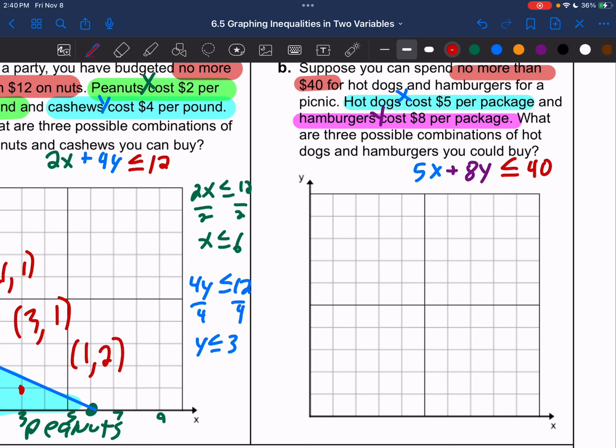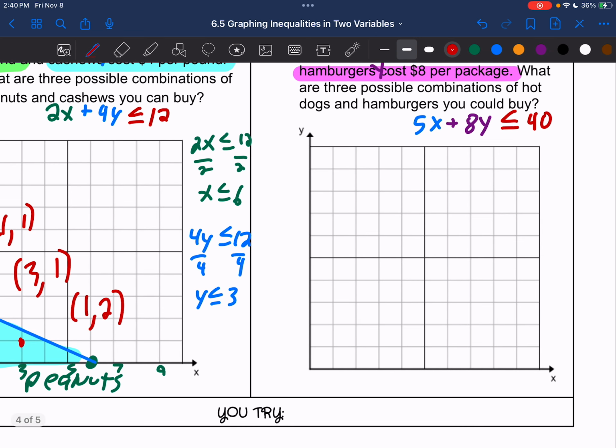So we're going to go ahead and solve this. Our x-axis is going to be hot dogs, and we're going to go by ones again. 1, 3, 5, 7, 9. Our y-axis is going to be burgers. And again, we're going to do 1, 3, 5, 7, and 9. And let's find our intercepts.